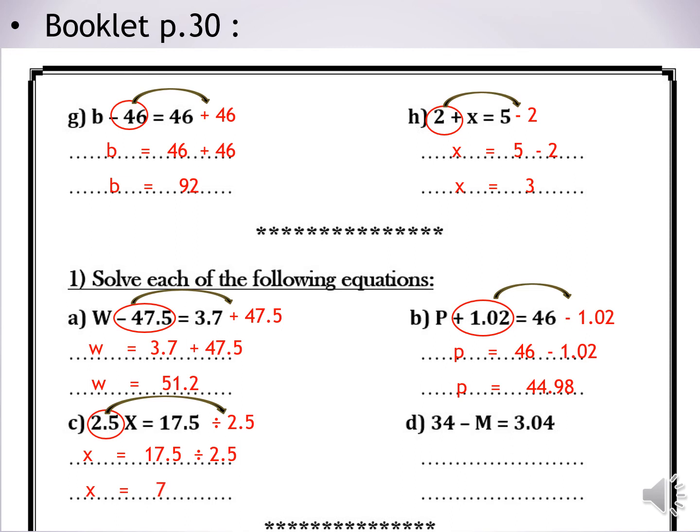In letter D, 34 minus m equals 3.04. I have here the variable comes after the subtraction sign. So all I have to do is to switch. So it will be 34 minus 3.04 equals m. So m equals 30.96.